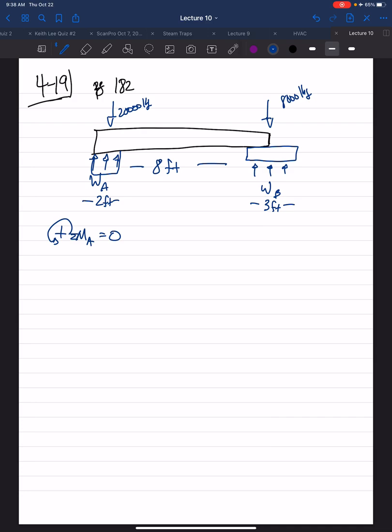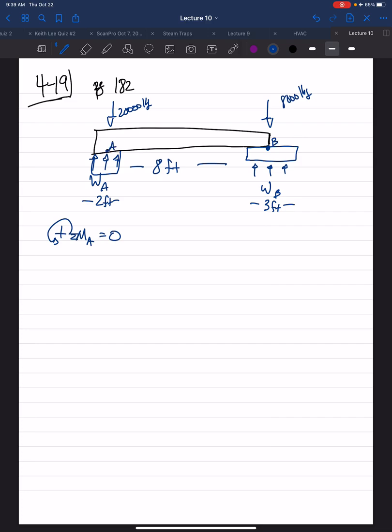The 8,000 pound force creates a clockwise rotation about point A. We left off some information.